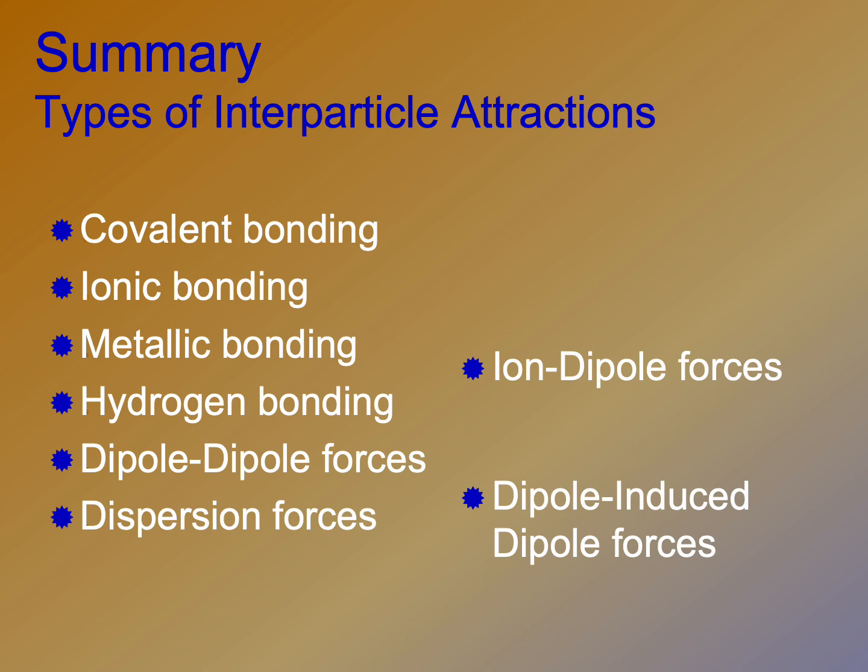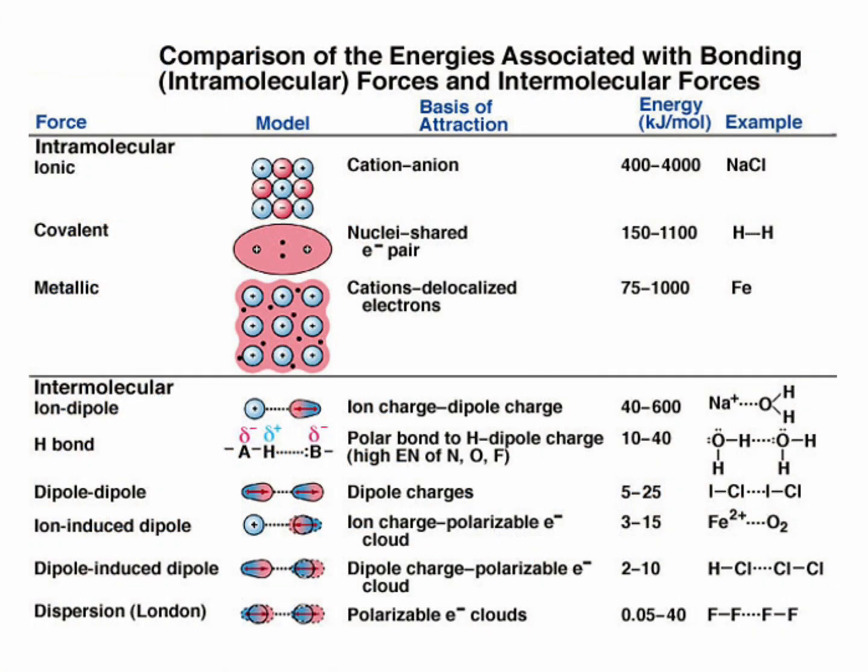And we kind of rank these based off of their forces. So where people did experiments, looked at how much energy it took to actually separate some of these different substances, and based off of how much energy it took to break it apart, that's how they got these rankings.